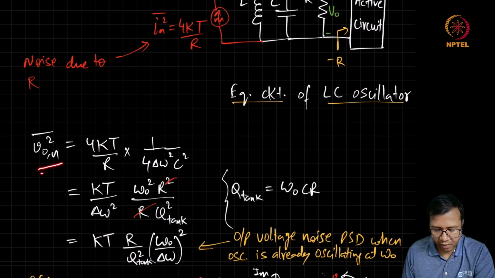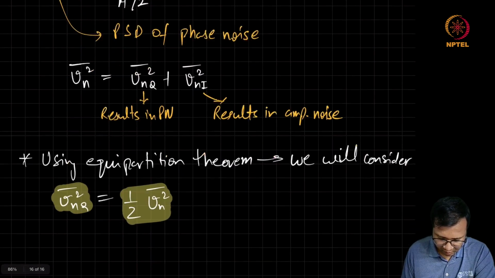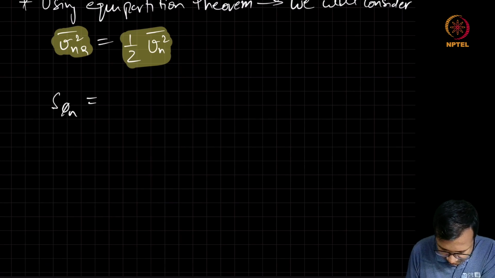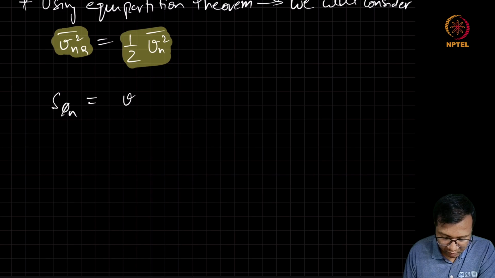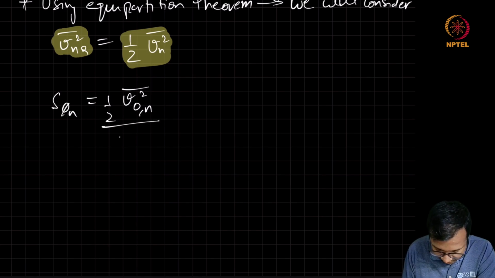Now from here we can find out the PSD of the phase noise. So we know that the S_phi_n is going to be equal to half of the PSD of the additive voltage noise, in our case, V_on square divided by the signal power.